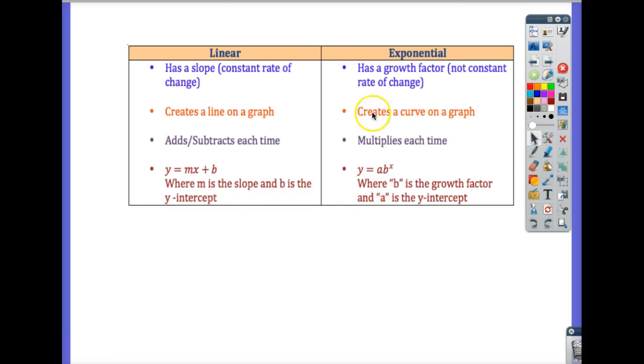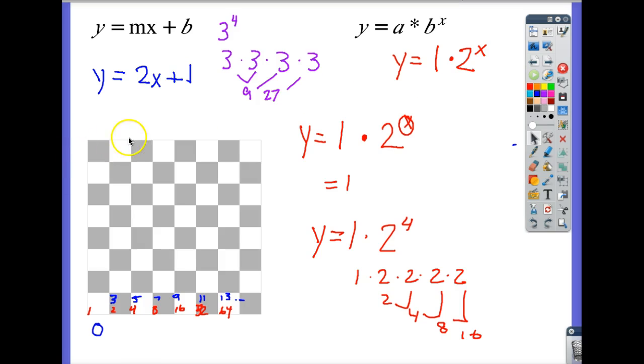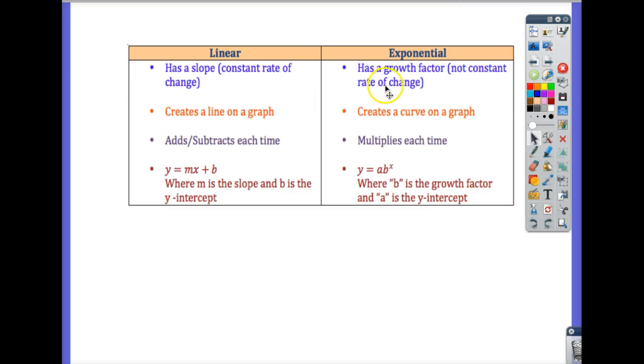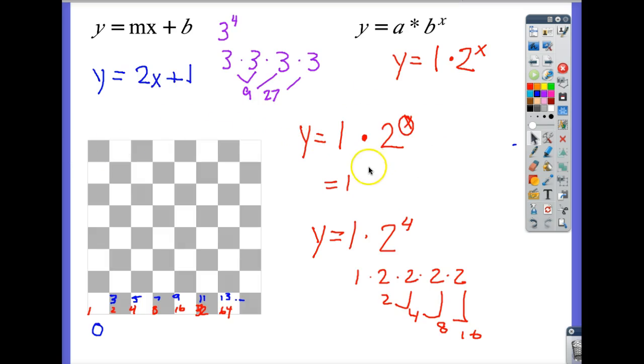So that covers everything on here except for the terminology. The slope gives a constant rate of change. The growth factor does not give a constant rate of change. So when we look back at what we were talking about, a slope is m here. That just means I have a constant rate of change, so I'm adding the same amount each time. Whereas a growth factor, factor meaning you're multiplying, that means I'm multiplying by 2 each time.